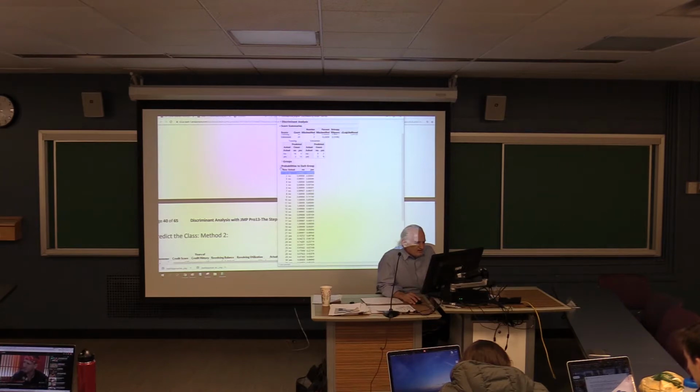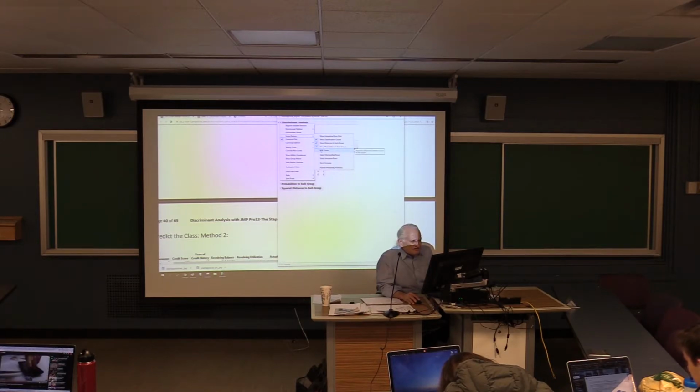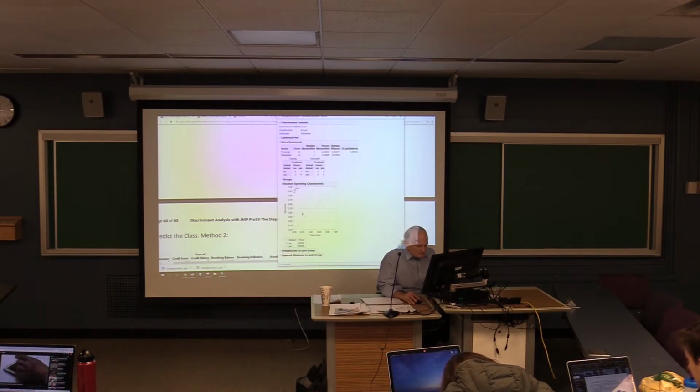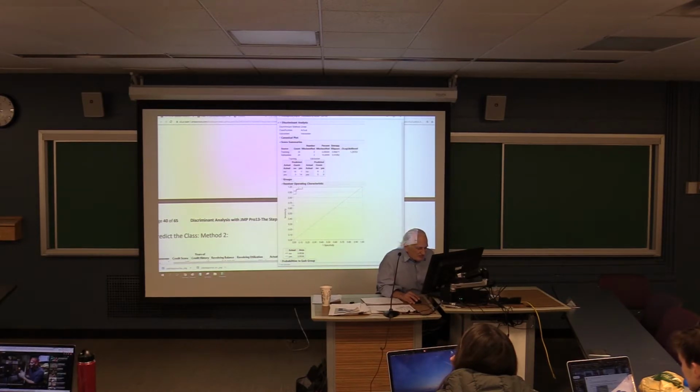Okay. So that's the probabilities. I'm doing one thing at a time here. The ROC curve, you can have an ROC if no was the main thing, and here you have the two ROC curves.